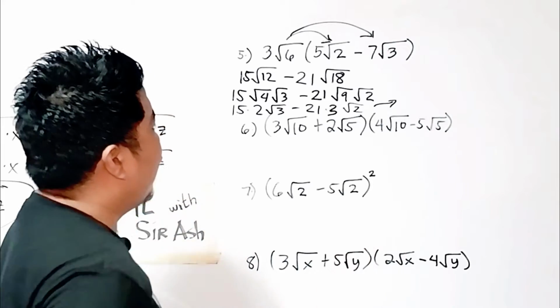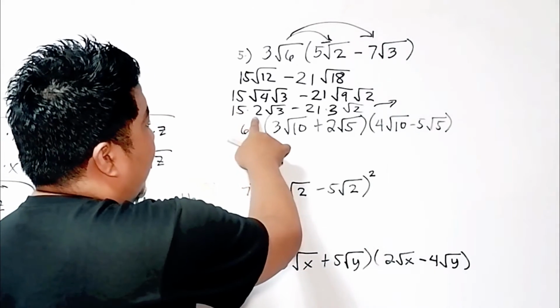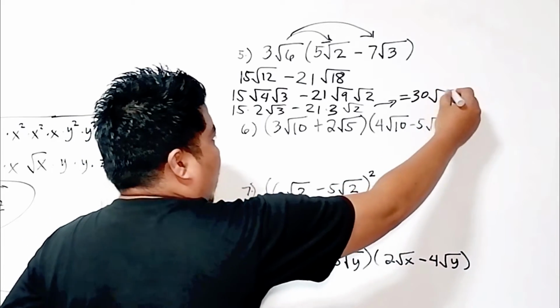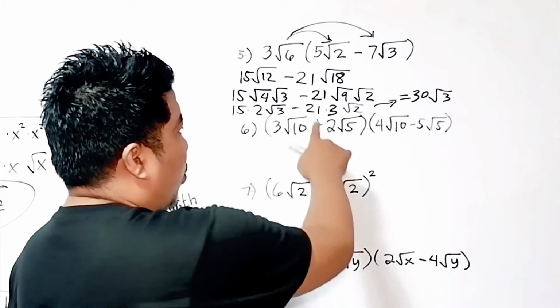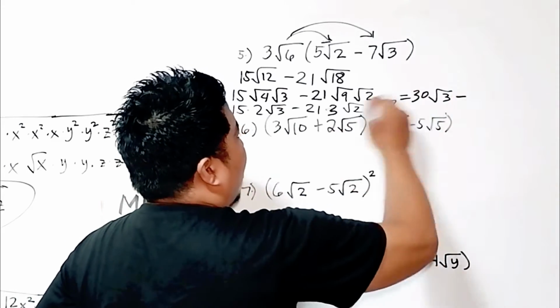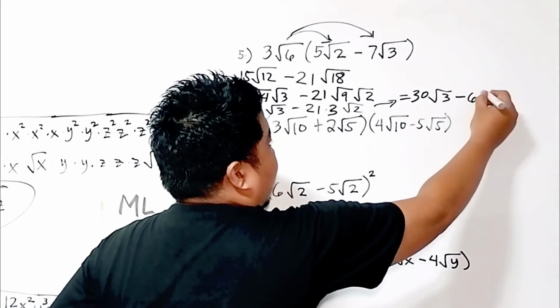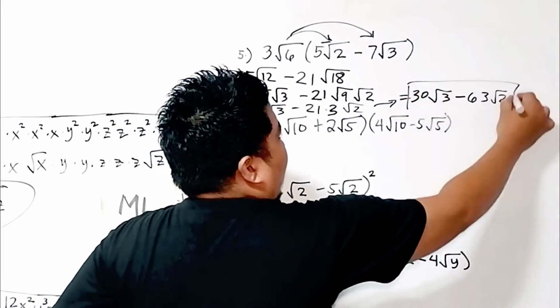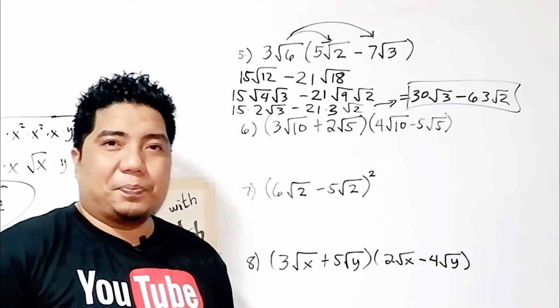So, simplifying this, 15 times 2, that is 30, square root of 3. Minus 21 times 3, that is 63, square root of 2. And this will be your final answer.